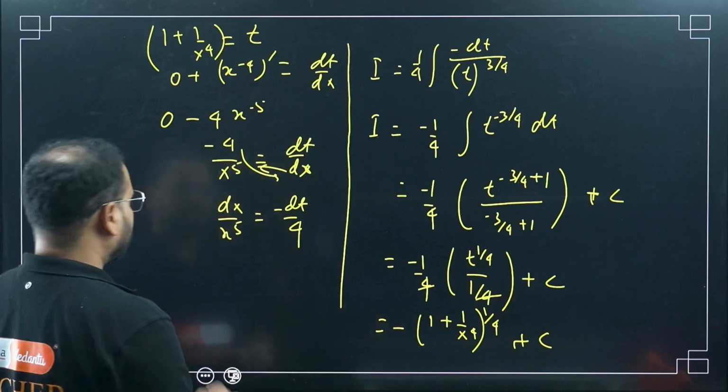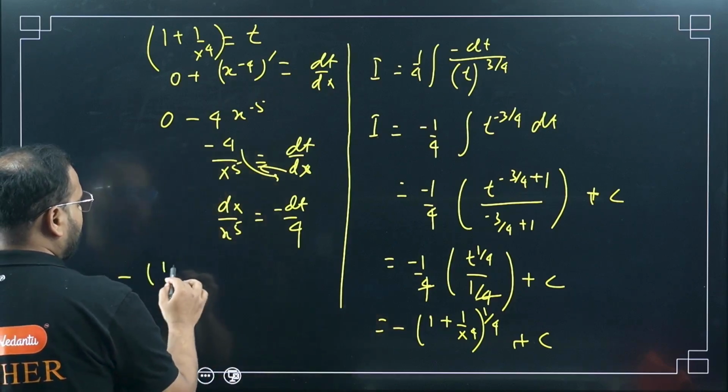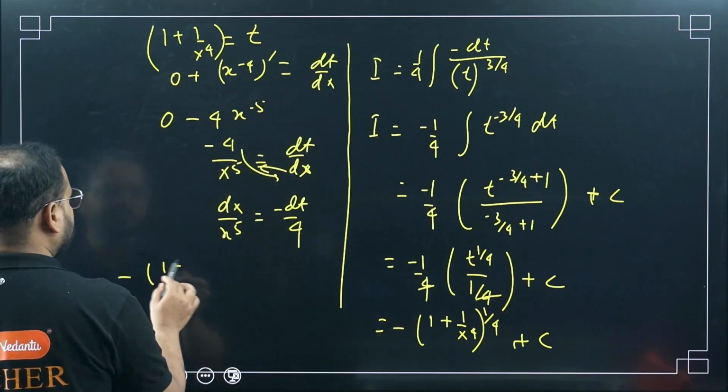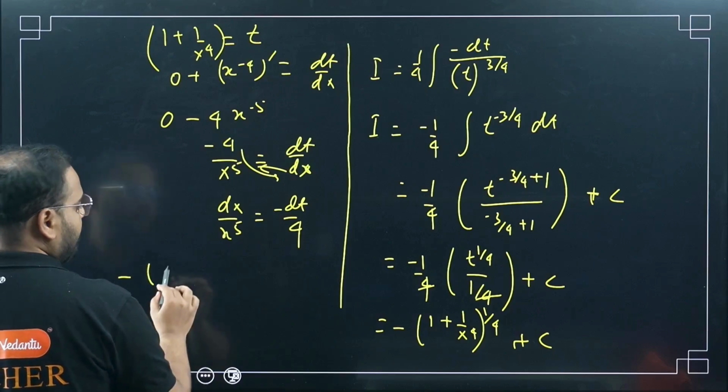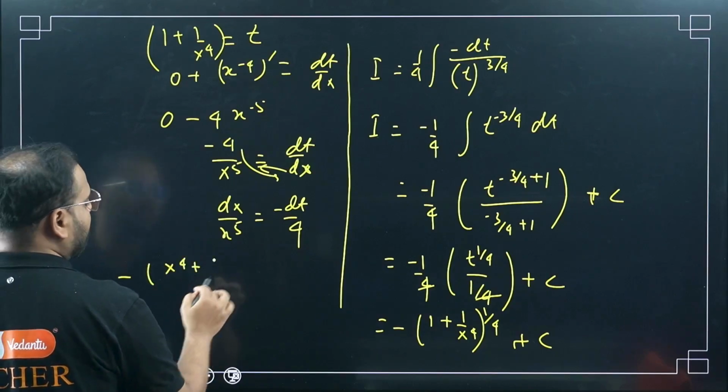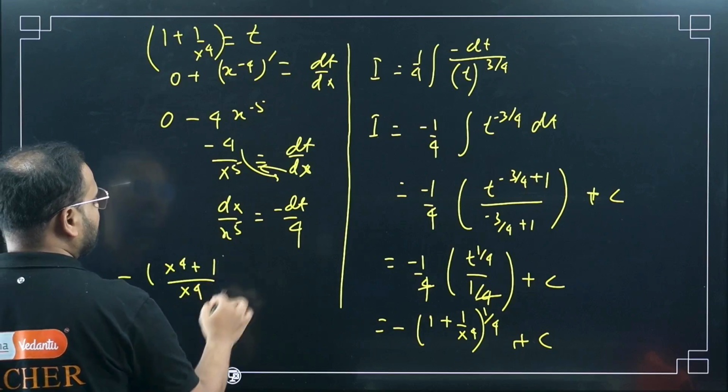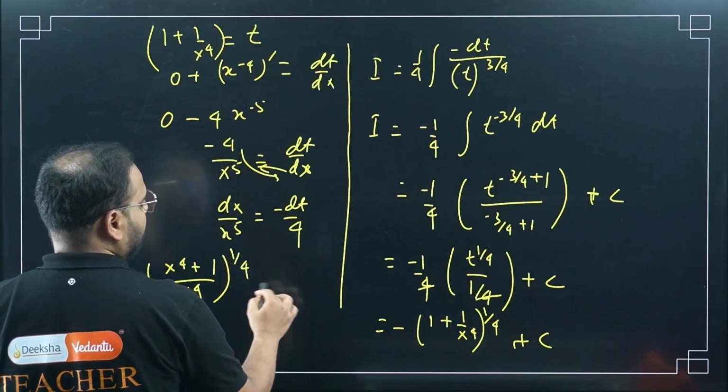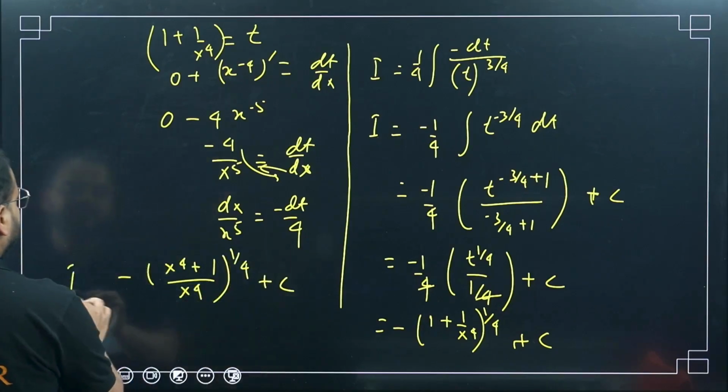Take the LCM over here. What are you going to get? Minus of x power 4 plus 1 upon x power 4, the whole thing to the power 1 by 4, plus c. This is my final integration.